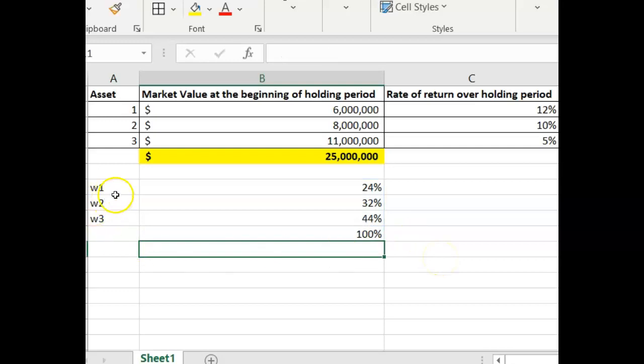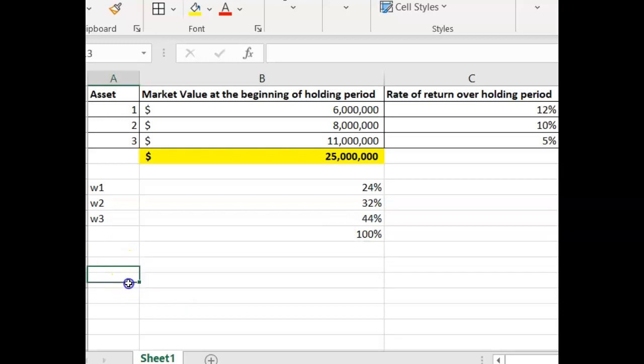So the individual weights of the assets are given by these numbers here, and they're calculated using the same methodology that I just used. So now using these weights, we can actually calculate what the total return of our portfolio RP is going to be.